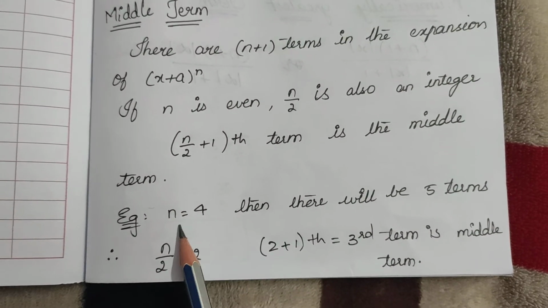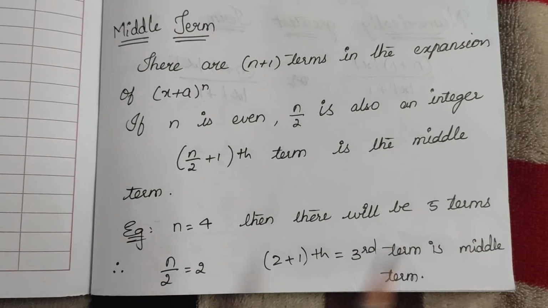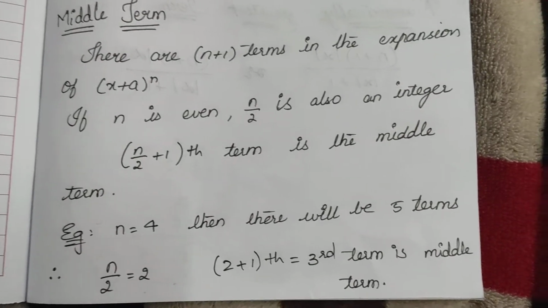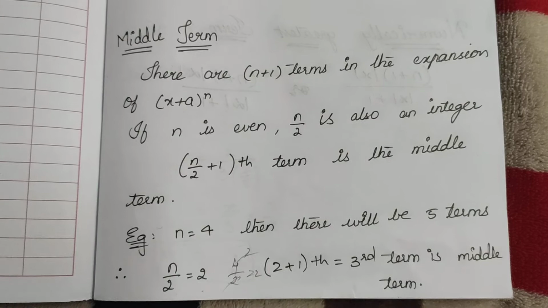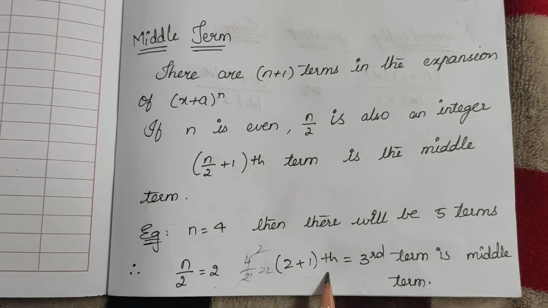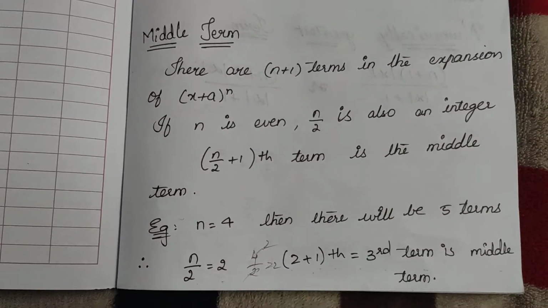For example, if n is equal to 4, then there will be 5 terms. So n by 2 is equal to 4 by 2, which is 2. Now add 1, 2 plus 1 is equal to 3. The third term is the middle term. Okay.